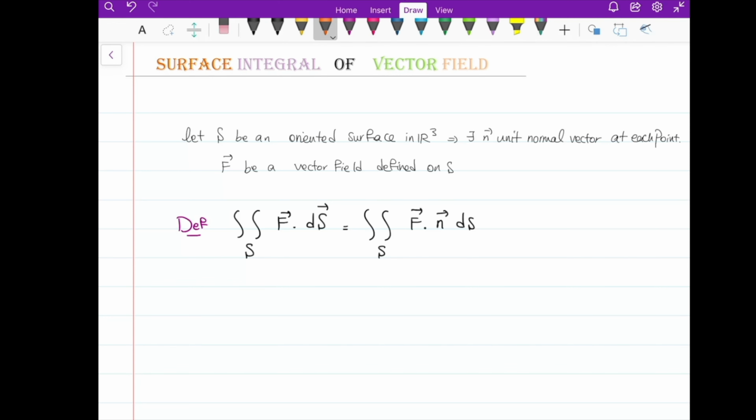N is basically the normal vector to the surface, and since the surface is orientable, the normal vector exists. Actually, it's unit normal vector.